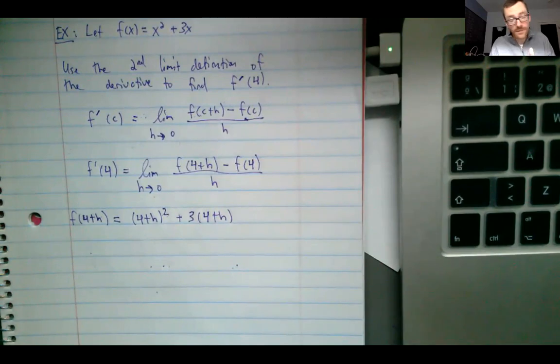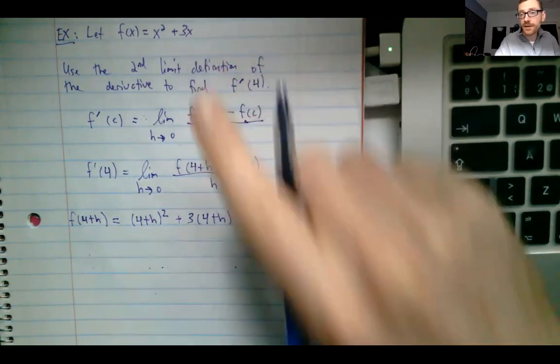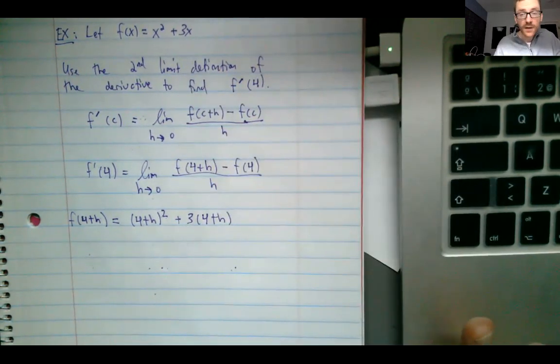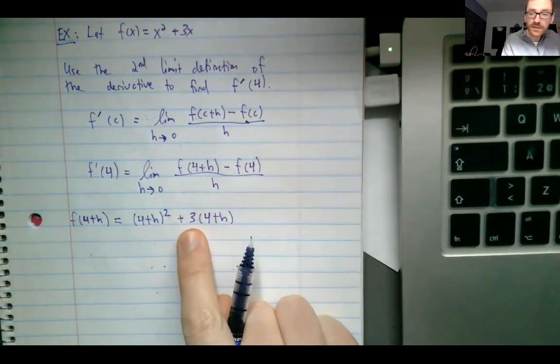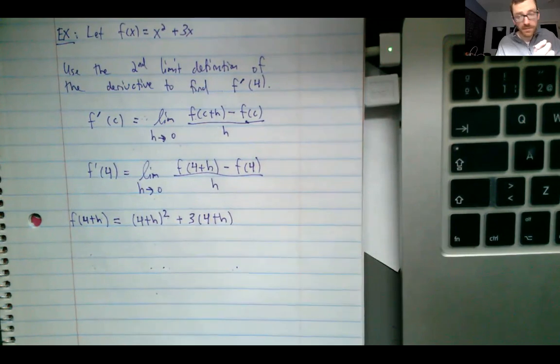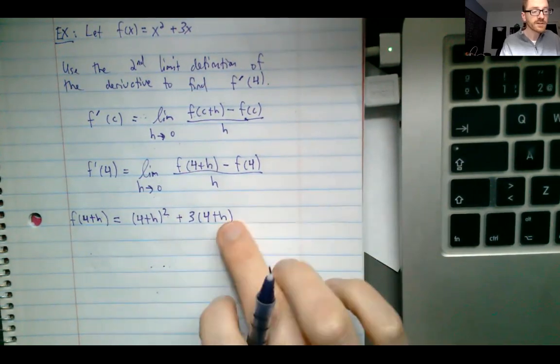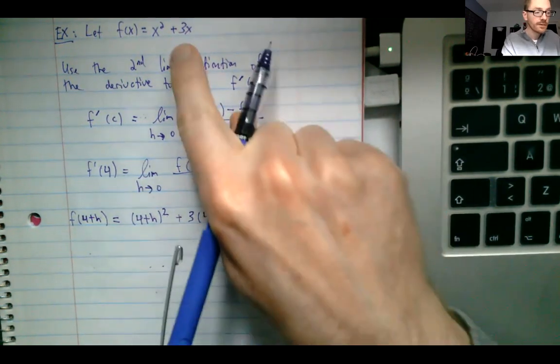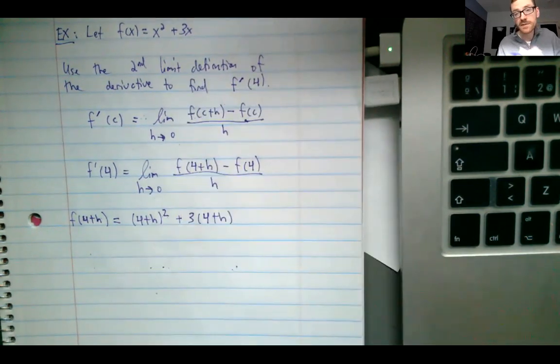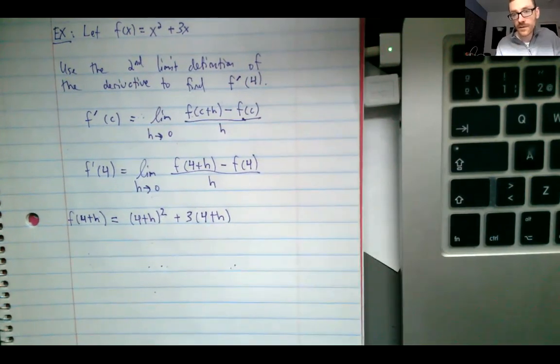The reason for that is the following. In the original formula, 3 is multiplying x, right? If I'm replacing x with 4 plus h, then the 3 had better be multiplying all of 4 plus h, not just part of it, not just the 4, but all of it. Okay, so that's why you need the parentheses here. So the 3 multiplies all of 4 plus h, because after all, 3 certainly multiplies all of x, and I'm replacing x with 4 plus h. So the 3 had better multiply all the terms of the thing that I'm replacing x with.